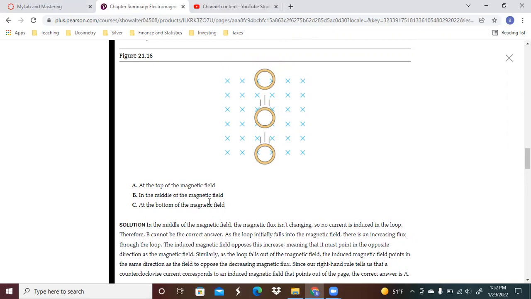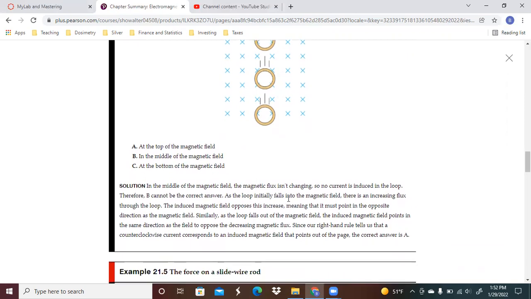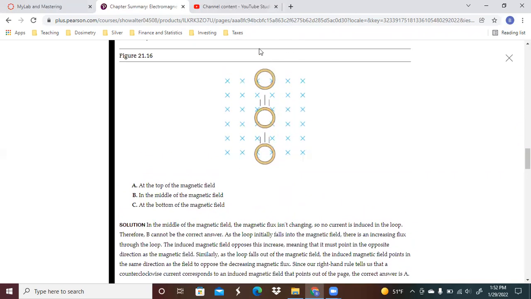So therefore, it can't be in the middle of the magnetic field. As the loop initially falls into the magnetic field, the flux increases. In other words, there's no magnetic field, but now it crosses into this. So it is cutting the magnetic field. There's going to be an increased flux in the loop.